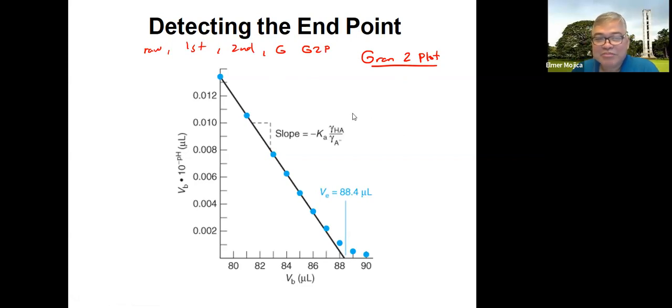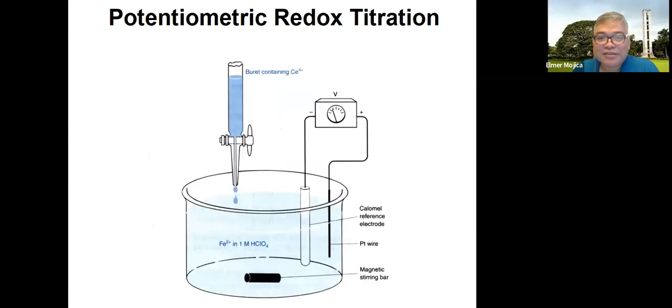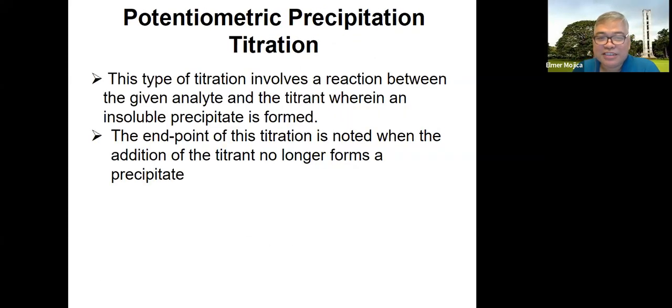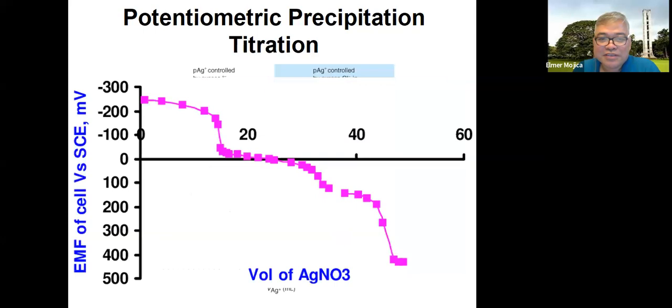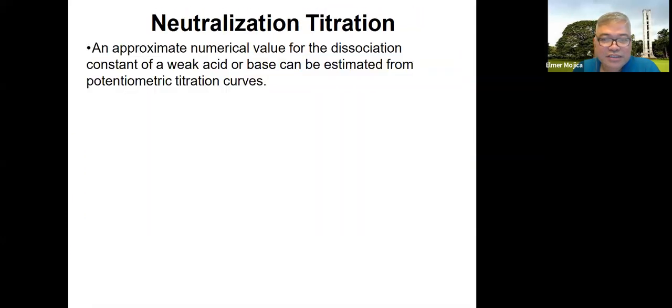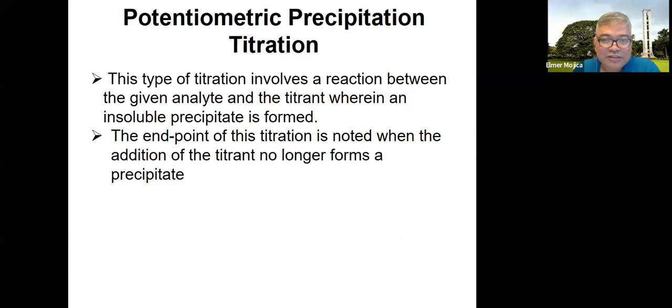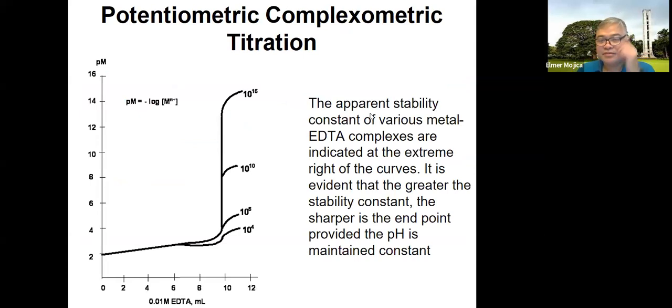Now to answer Carmel's question about the EDTA, although I think I cannot finish it. For the complex, usually this is what you have: 10 to the 4, 10 to the 5, 10 to the 10, 10 to the 16. So what does it mean?